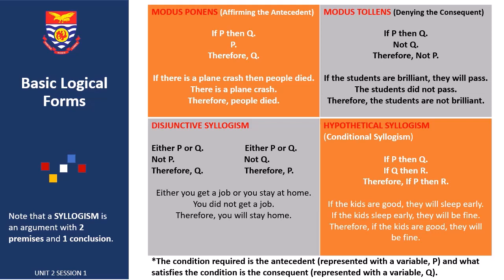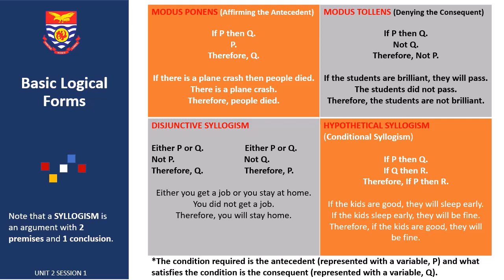One thing you should note, at the lower part of the slide, you find a note that says the condition required is the antecedent, presented with the variable P, and what satisfies the condition is the consequent, represented with the variable Q.